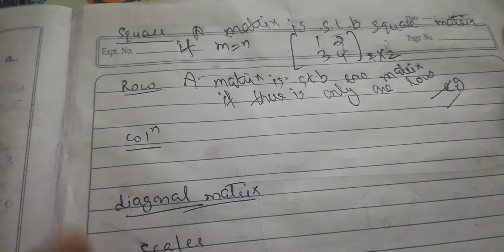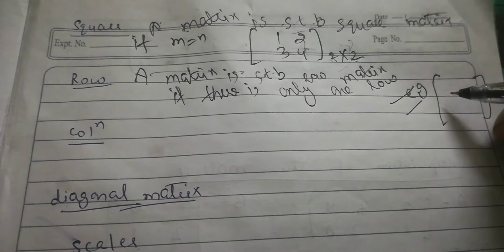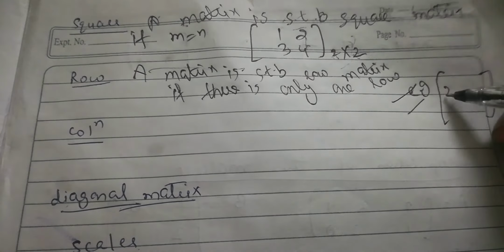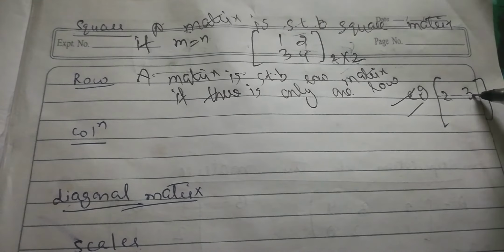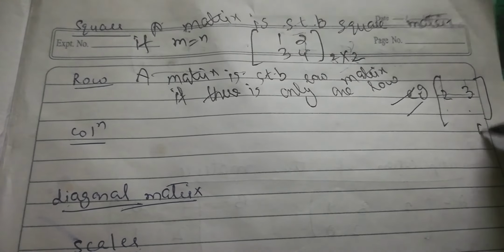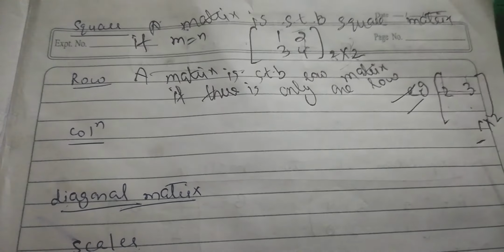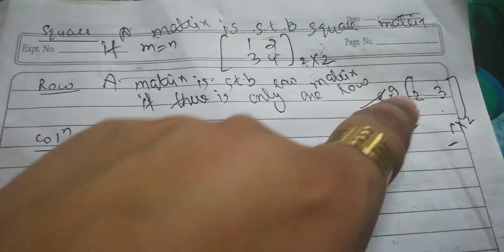So what is the example of this matrix? I'm just writing the example over there, but the row should be 1, guys. See, 2, 3. This is also an example. Here is 1 row, but columns are 1, 2. So 1 by 2, the row is 1 but the columns are 2. But we are not talking about the column because row is 1.